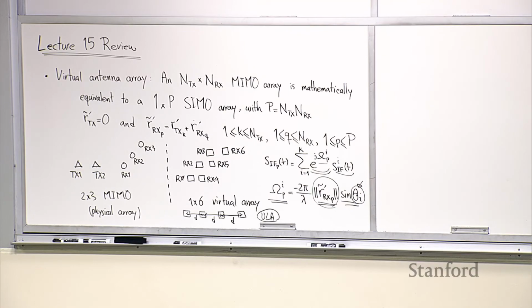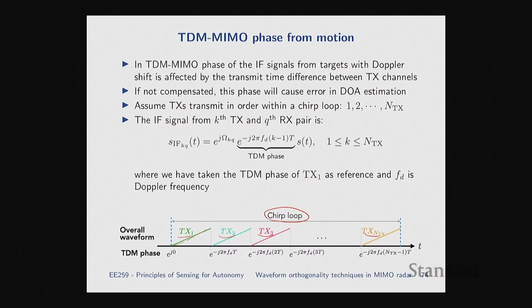Now for TDM MIMO, there is a third term in the phase in the signal model, which we call the TDM phase, and that is added because your chirps are not sent at the same time from different transmitters.